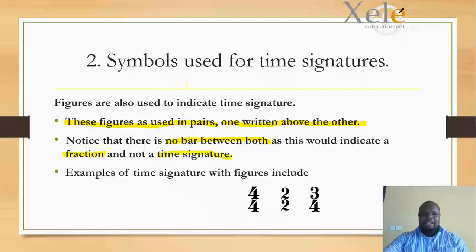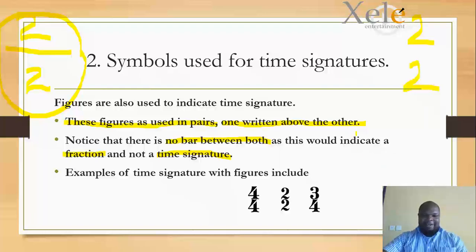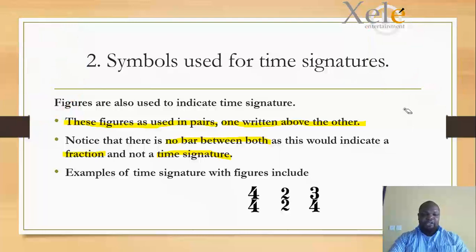What do I mean by that? If I write 2, then a bar, and another 2, this is a fraction. This is not a time signature. If I were to write this as a time signature, I'll write it as 2, 2. See, there's no bar between both of them. Now this is a time signature. So when you use figures, usually you do not put a bar between them, even though they are written one above the other, just like in a fraction.